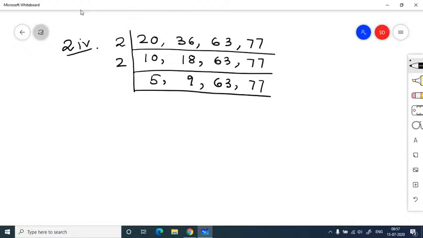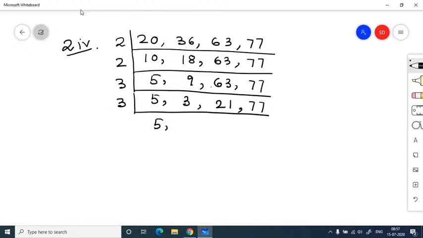See, 3 3s are 9, and we have this one also. Not divisible. 3 3s are 9, 3 21s are 63, and not divisible. Again, we can divide something with 3. This is not divisible. Whatever is not divisible comes down as it is. 3 1s are 3, 3 7s are 21, not divisible.